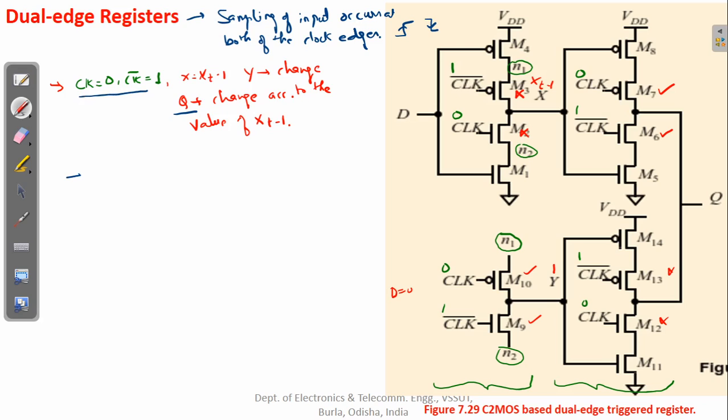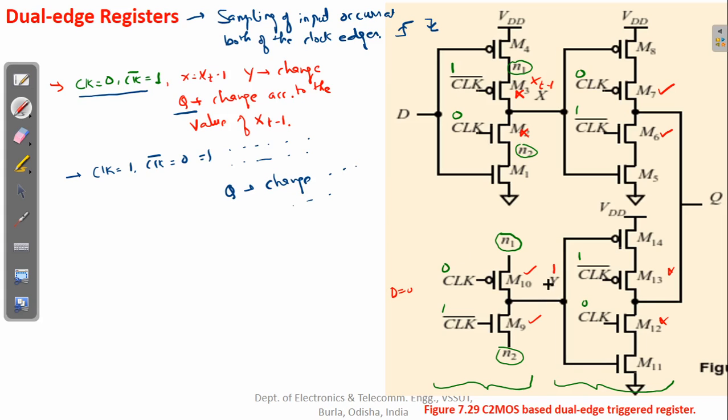Okay, now when you go to the other condition, that clock is 1 and the clock bar becomes 0, you will find that Q will still change here. I leave this as an exercise to you to verify these 4 stages functionality, and you will find that Q will still change depending on the value of yt minus 1.